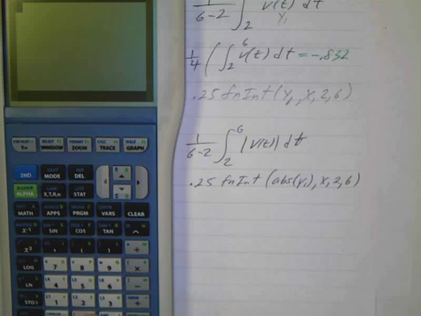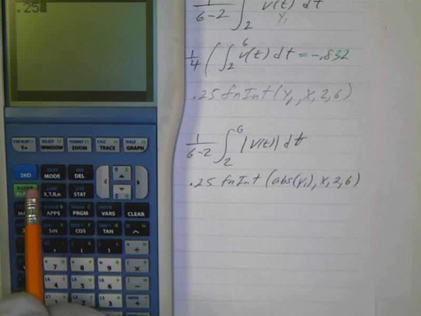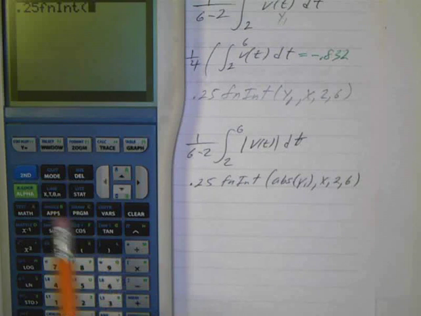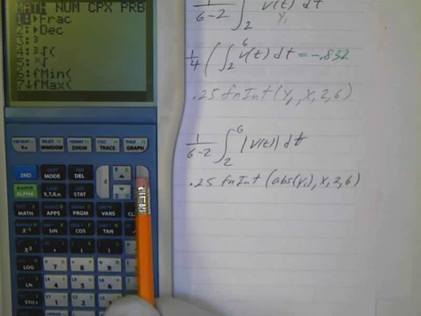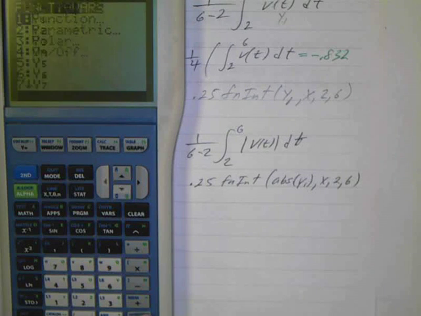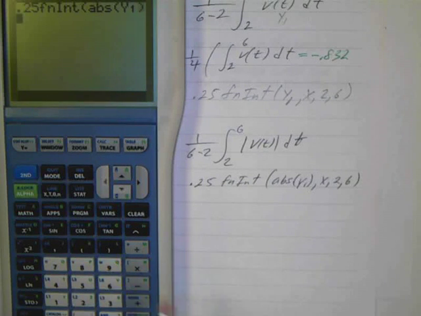And we're just going to do 0.25, math 9, and then we'll do math number, enter, then we'll put our y bars, enter, comma x, and then from 2 to 6.